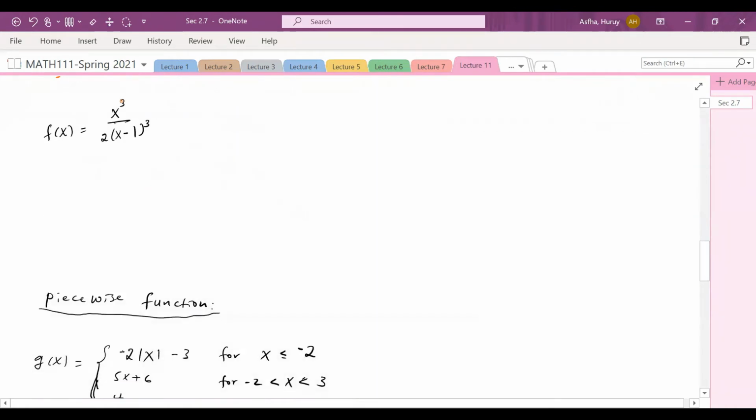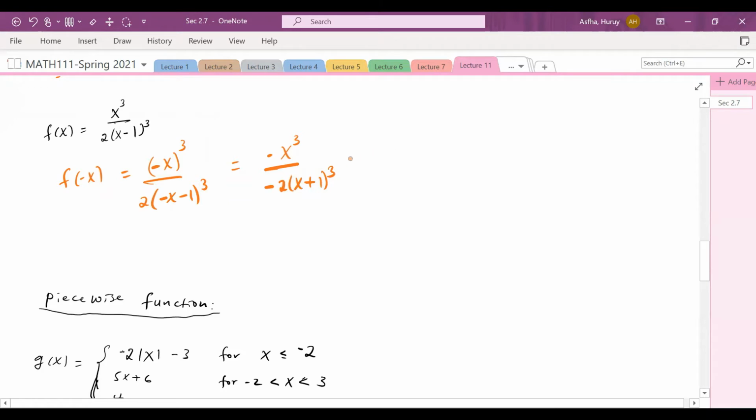And then this one, f of negative x is negative x cubed over 2 times negative x minus 1 cubed. This is negative x cubed over 2 times negative, well, I can factor this out. So I will have negative 2x plus 1 cubed.